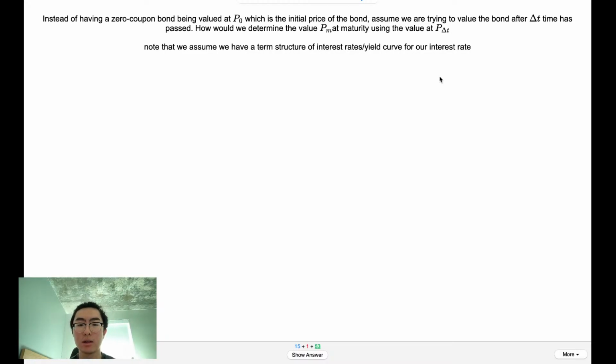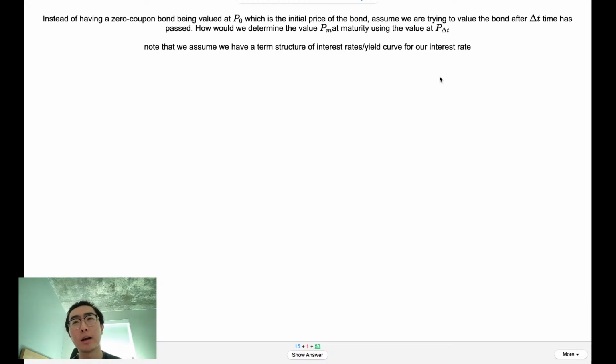We could do one plus the interest rate we receive from our model at delta t for m minus delta t, so that's how much is left.